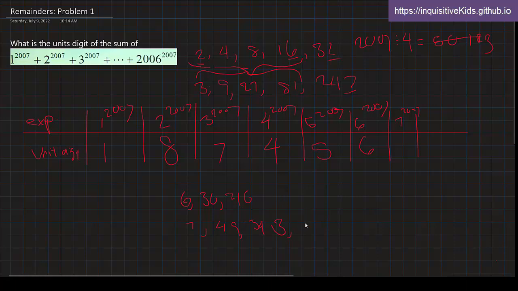There's no need to go any further, and then it's back to 7. So it has a rotation of 4 terms. And again, 2007 is going to have a remainder of 3 when divided by 4, and that would be 3.